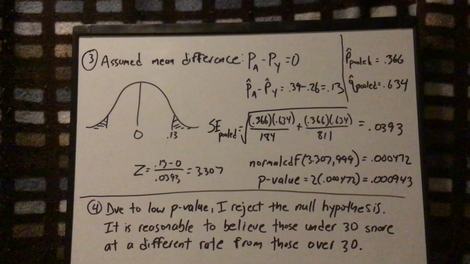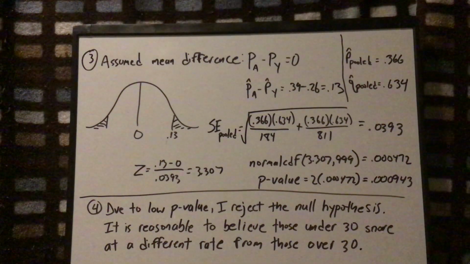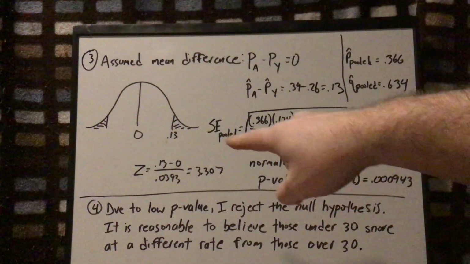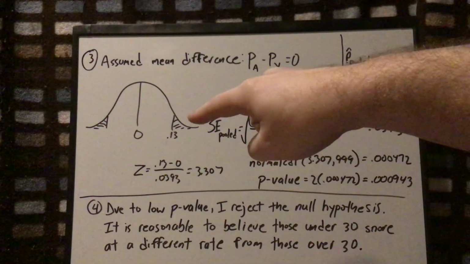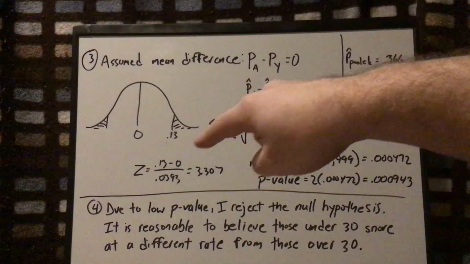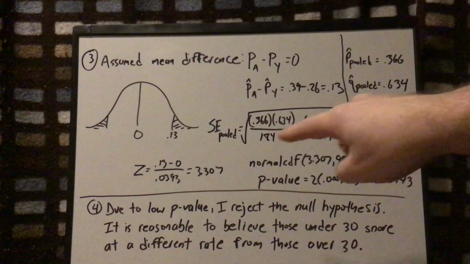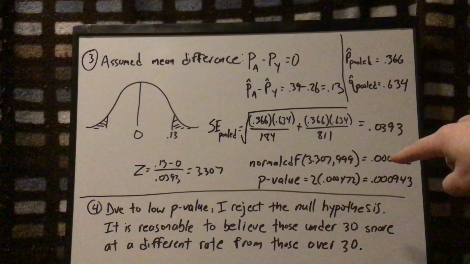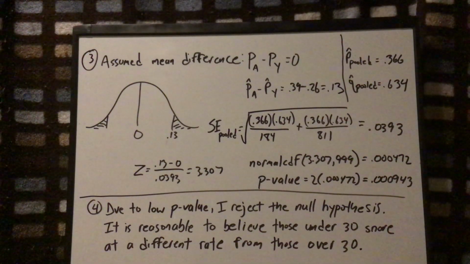But I need a measure of how unlikely. So I need to measure in the calculator, if I'm at 3.307 standard deviations, how much area is it from there or more unusual than that? So the area of this is calculated over here with the normal CDF. I did normal CDF in the calculator from 3.307 to 999, and I get a very low number.